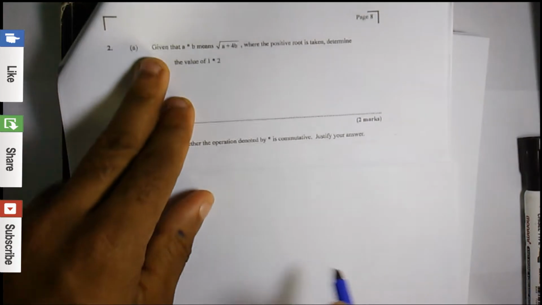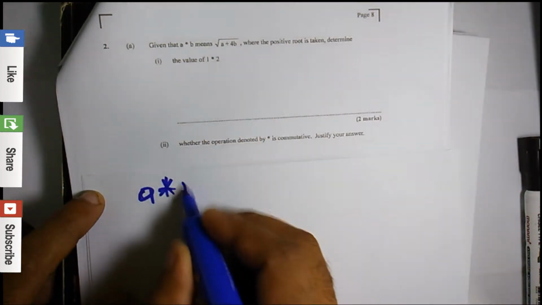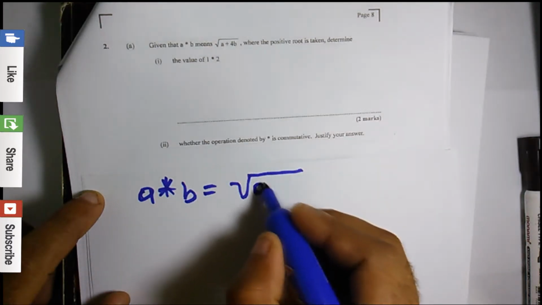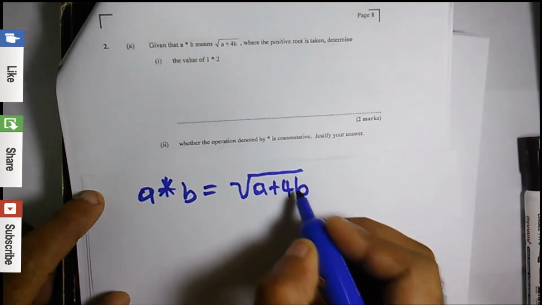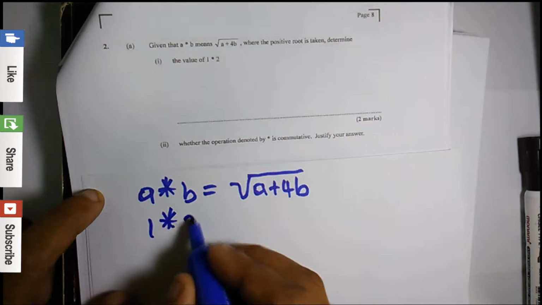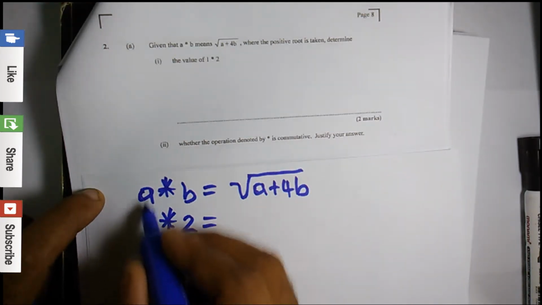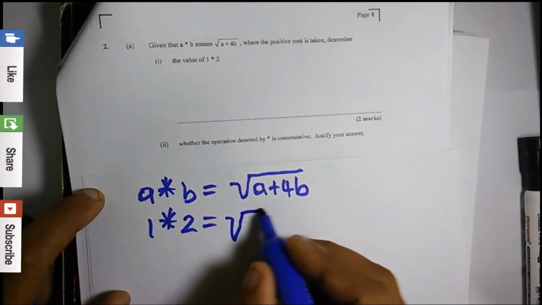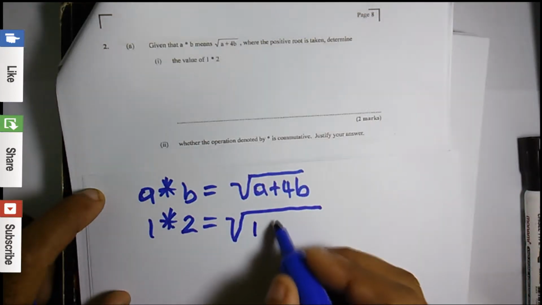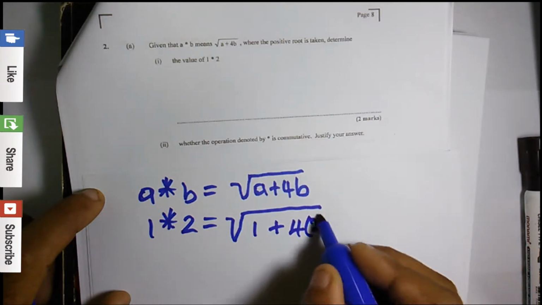So with this first section, they said that a asterisk b is equal to the square root of a plus 4b. We're supposed to determine 1 asterisk 2, which is equal to, now from the previous video, a is 1, b is 2, so it's the square root of a, which is 1, plus 4b, so it's 4 times 2.